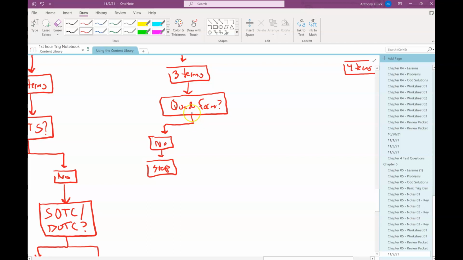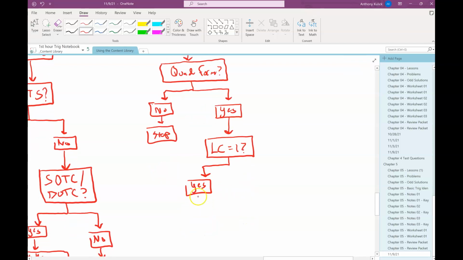And we're not interested in that right now. If the answer is yes, then we check the leading coefficient to see if the leading coefficient is 1. LC is just my abbreviation for leading coefficient. If the answer is yes, then we do the short factor.